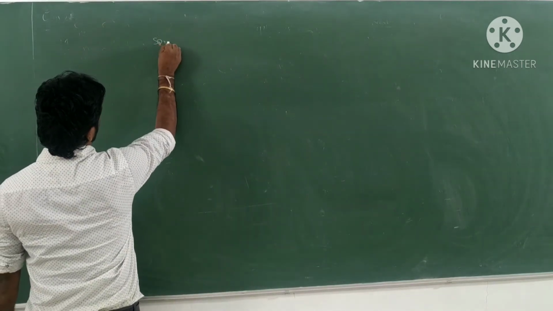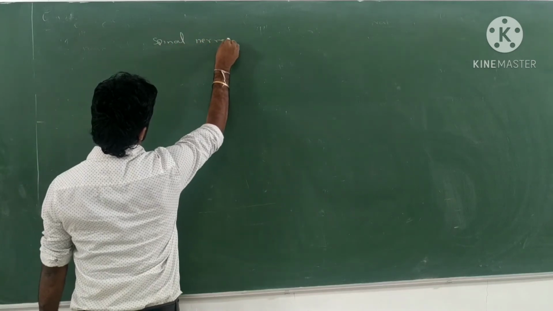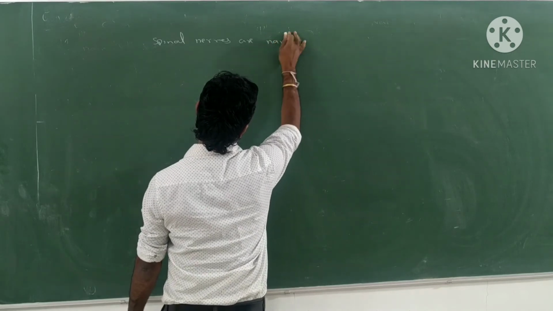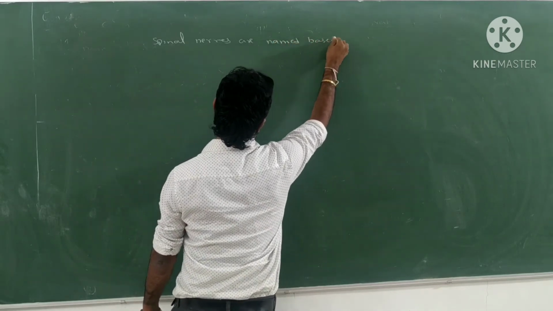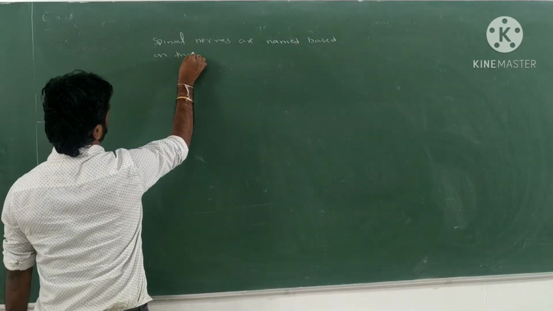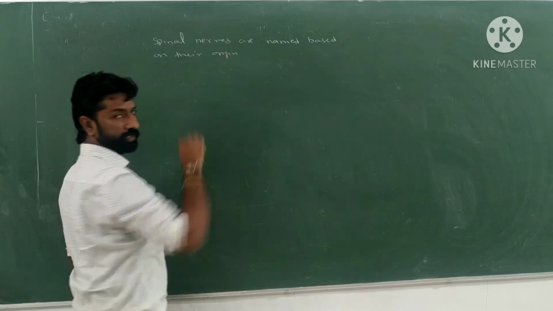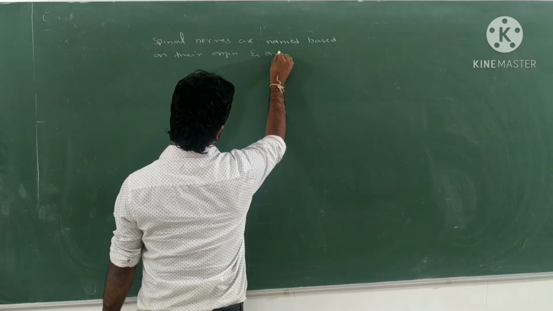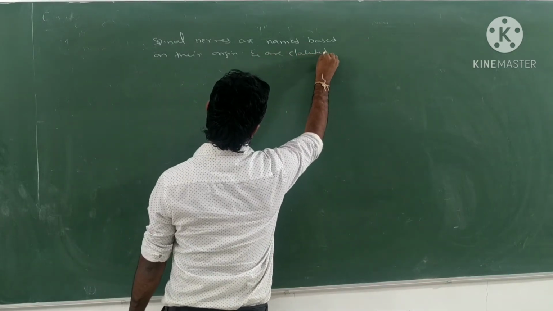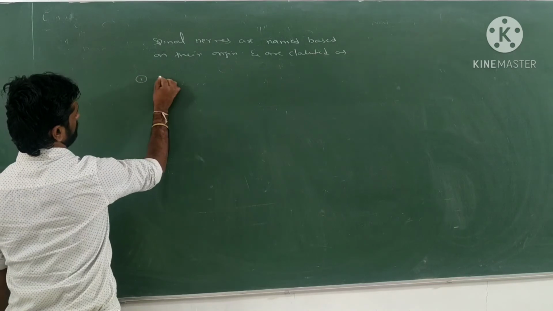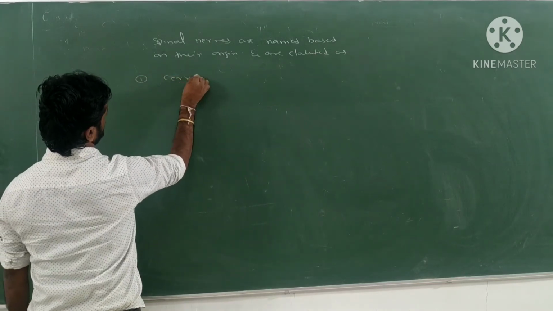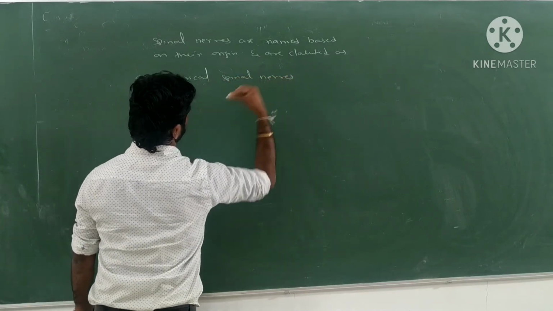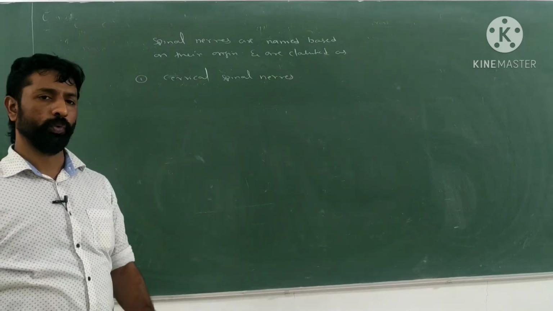See, spinal nerves are named based on their origin, and are classified as, first one, cervical spinal nerves, which arise from the cervical region of the vertebral column.